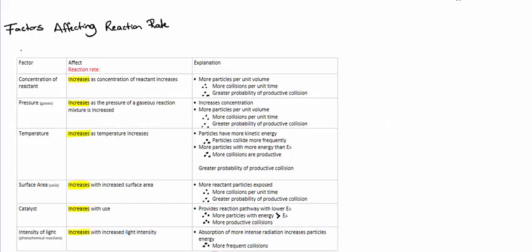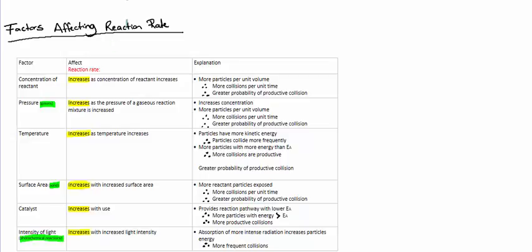So as you can see, there are a variety of factors affecting reaction rate. Some of these factors or effects are unique to different situations. So we've had a look at pressure, which affects gaseous reaction mixtures, surface area, which affects solid reactants, and the intensity of light, which affects photochemical reactions.